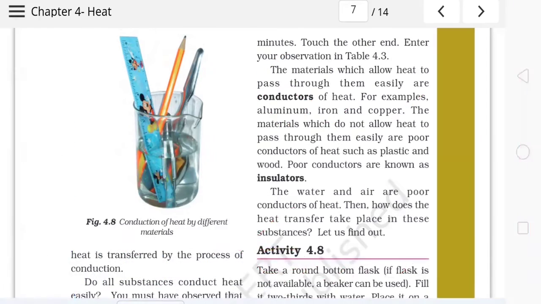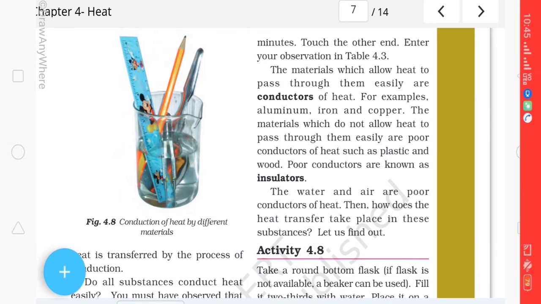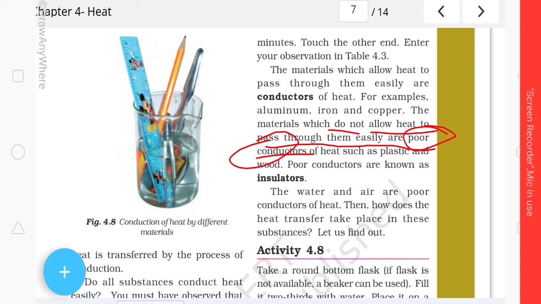The materials which do not allow heat to pass through them easily are called poor conductors of heat. For example, plastic, wood, etc. Plastic and wood are poor conductors because they do not allow heat to pass through them.